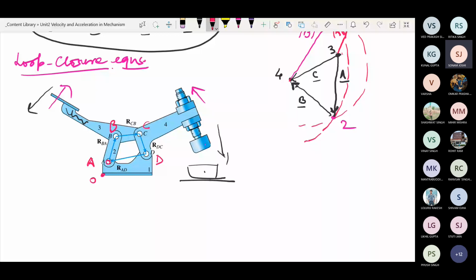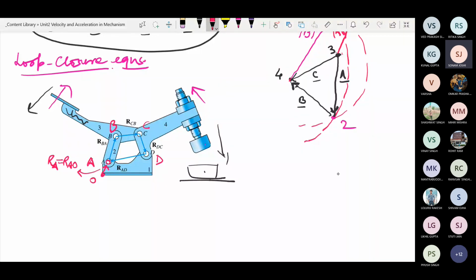So if that is the thing, then I will be marking one arrow, and what is this vector? This vector is RA, and I can also write this one as what? RAO. ये वेक्टर लिखना सिखाया था ना लास्ट वीक में. Okay, we are moving from point O to point A. So that vector will be written as RAO. Okay.